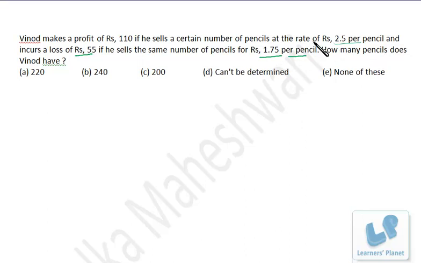Now see what is the difference between the profit, that is 110, and the loss, 55. So in all, 110 plus 55, that's actually 165 rupees. Now this 165 rupees is because of the difference between the price per pencil, that's 75 paisa.